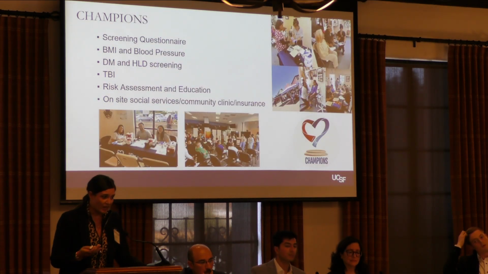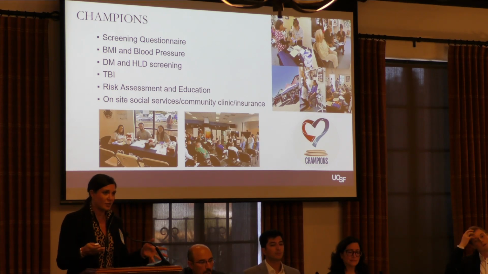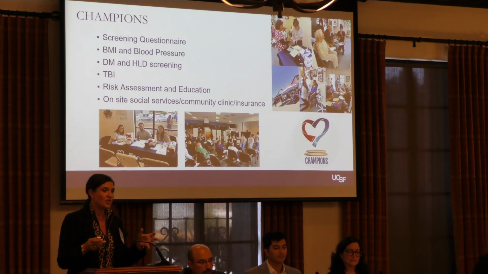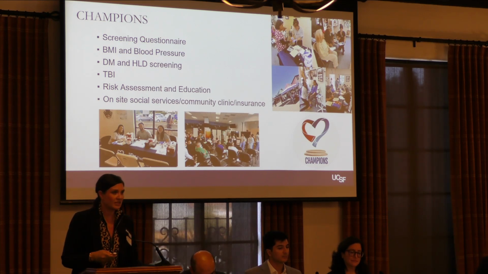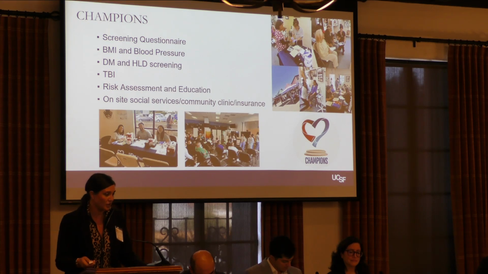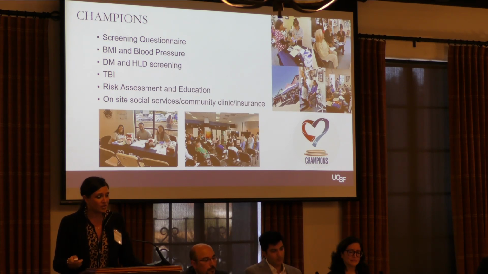So the principle behind this was to go out into the communities to find out which communities were in most need and partner with their local organizations and provide screening, provide BMI and blood pressure measurements, test for diabetes and hyperlipidemia, and then when appropriate, screen for PAD using TBIs, and then provide the patient with a risk assessment and educate them, because one of the biggest problems is health literacy in these underserved communities. And also providing on-site social services, community clinic, and insurance availability for these patients who oftentimes have never even seen a doctor.